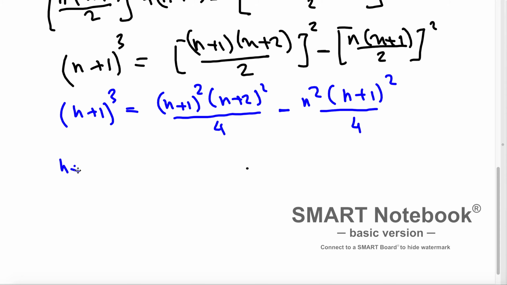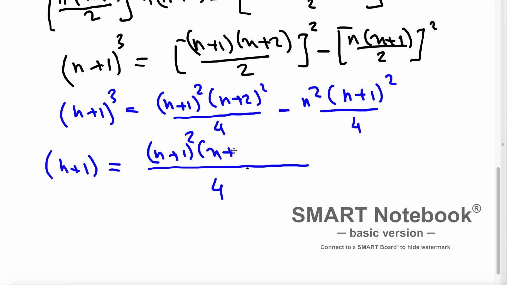And what do we have here? So let's work a little bit with the algebra. The denominator is 4, and here is n plus 1 square, n plus 2 square, minus n square times n plus 1 square. But as you see here, n plus 1 square is a common factor, and n plus 1 is just a cubic, so do not forget this one here.